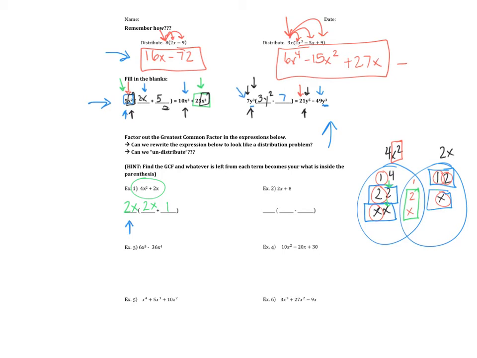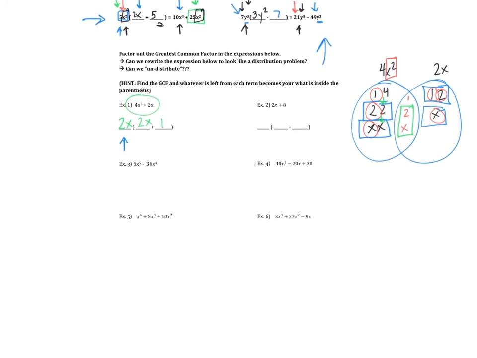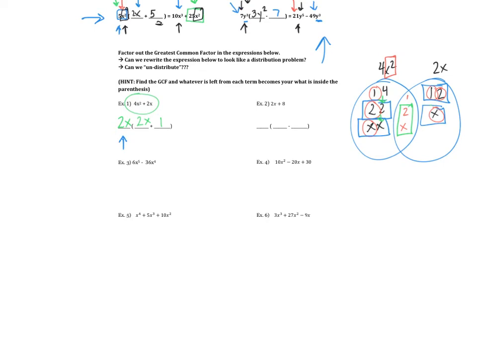Okay, I'm gonna go ahead and draw another circle for the next one, and we'll do the next one together. Okay, so circle, circle, 2x, and an 8. Okay, so on 2x we have 1 and 2, and then we have an x. Then on this side we have 1 and 8, and 2 and 4.